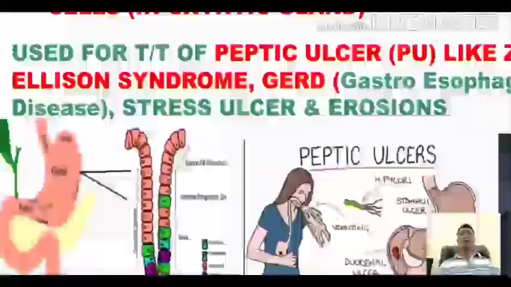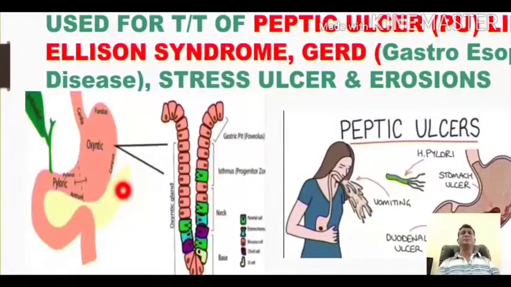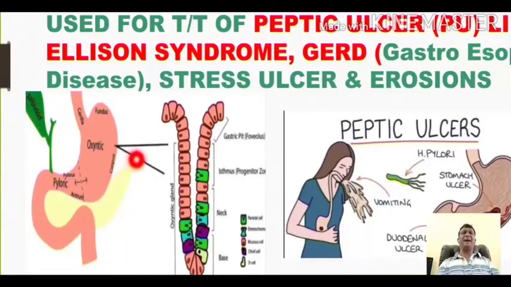Here you can view the image. This is the oxyntic gland, and these green cells are the parietal cells which are involved in the acid secretion.